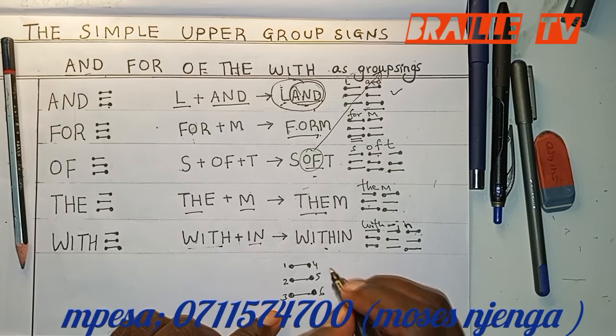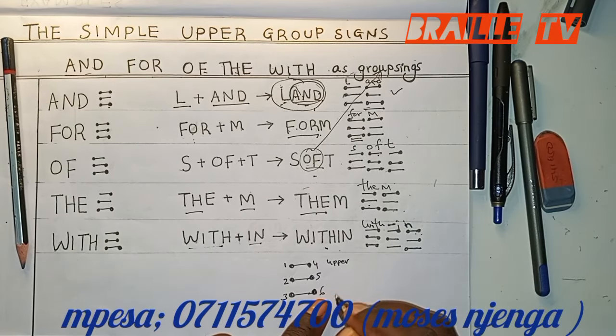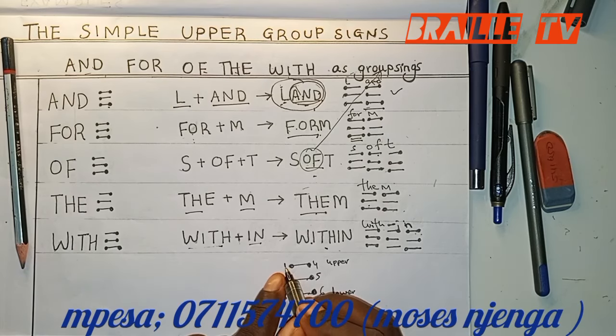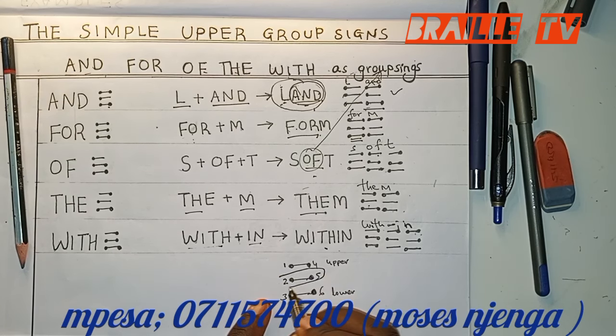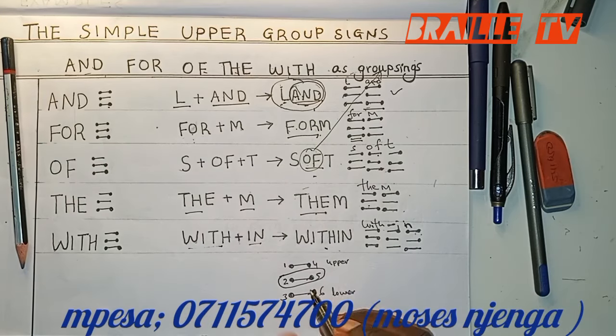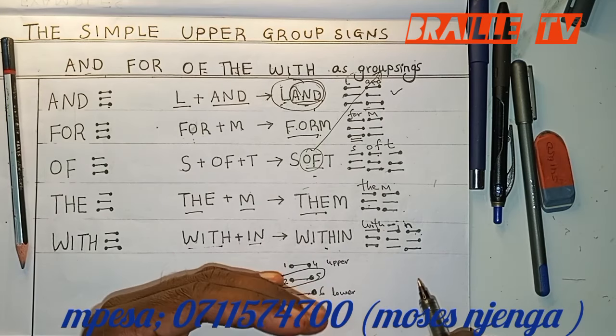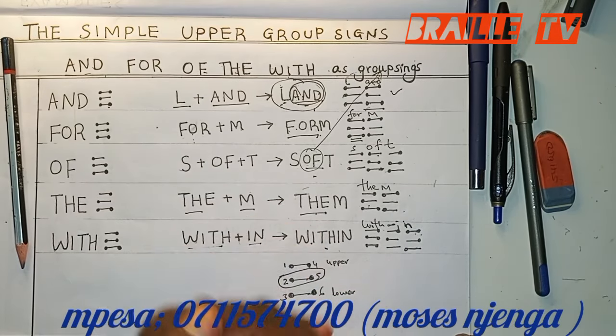Now we said the Braille cell is divided into 2, whereby we have the upper part and the lower part. The upper part is made up of dot 1 and dot 4. The lower part is made up of dot 3 and dot 6. And we said dot 2 and dot 5 are neither upper nor lower because they are neutral. Remember, upper means up, lower means low.